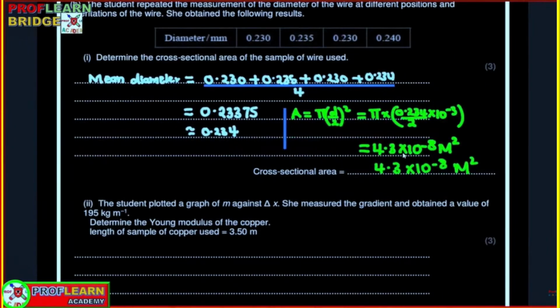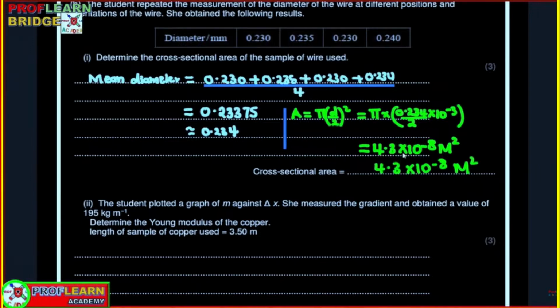Now, the student plotted a graph of M against extension. She measured the gradient and observed the value of the gradient is 195 kilograms per meter. So here, what you need to understand is that mass is proportional to weight. So it's going to be the same graph as if we had plotted a graph of force against extension.